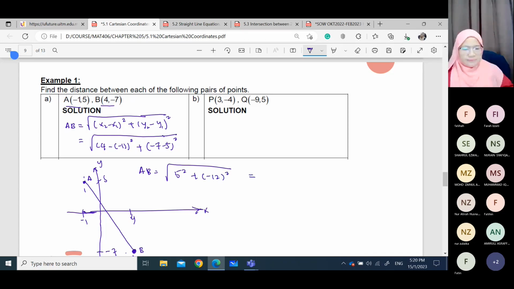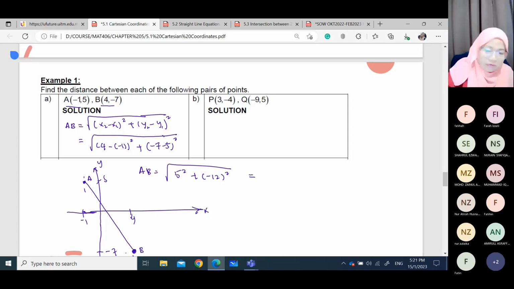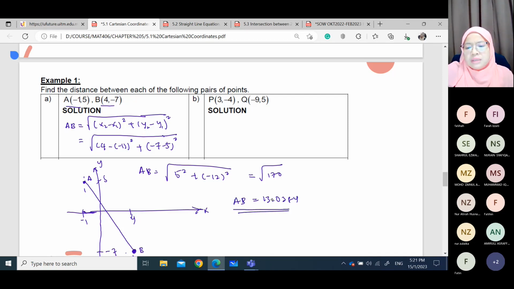Okay, so selesaikan. 25 plus negative 12 squared. 170, square root of 170. So it is approximate to 13.0384. So the distance between A and B is this one, 13.0384.